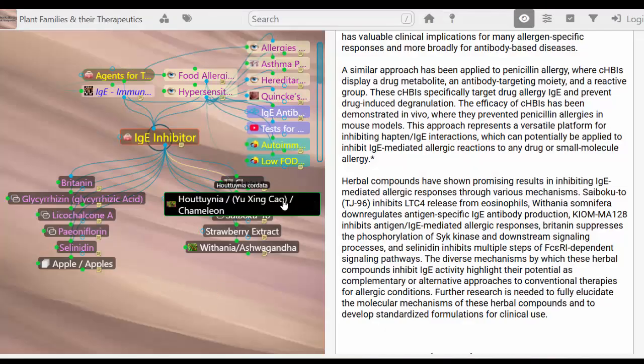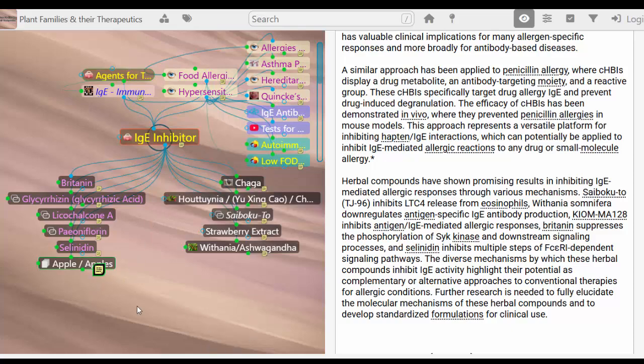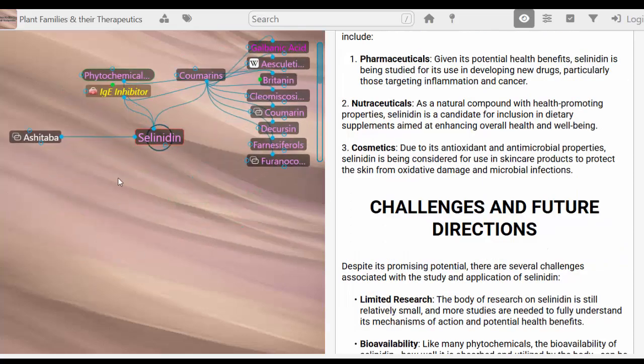And then we also see that chaga, strawberry extract, even apples, and then some of these various phytochemicals have been shown to help inhibit. So you could click on these and see where you can find them, like selinidin. Where do you find that?